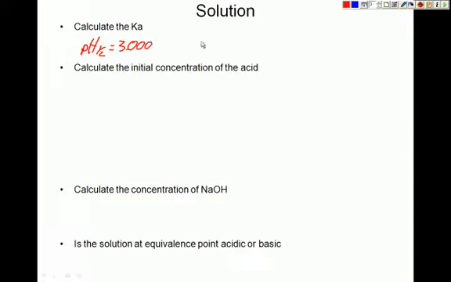Now, Ka is going to equal 10 to the minus 3.000, and therefore our Ka equals, now remember, this is 3 sig figs. I know it looks like 4 sig figs, but since it's on the pH scale, we only count after the decimal places.